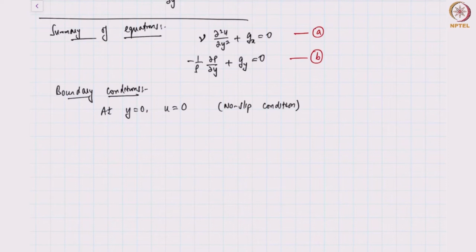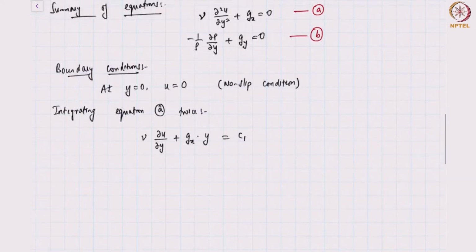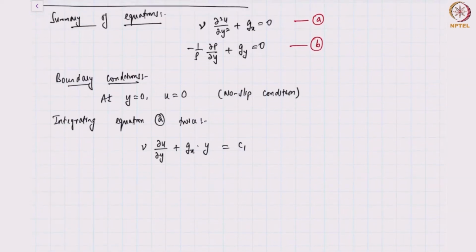So let's integrate equation A twice. If I integrate it first time, I would be getting C1, then I would integrate again.